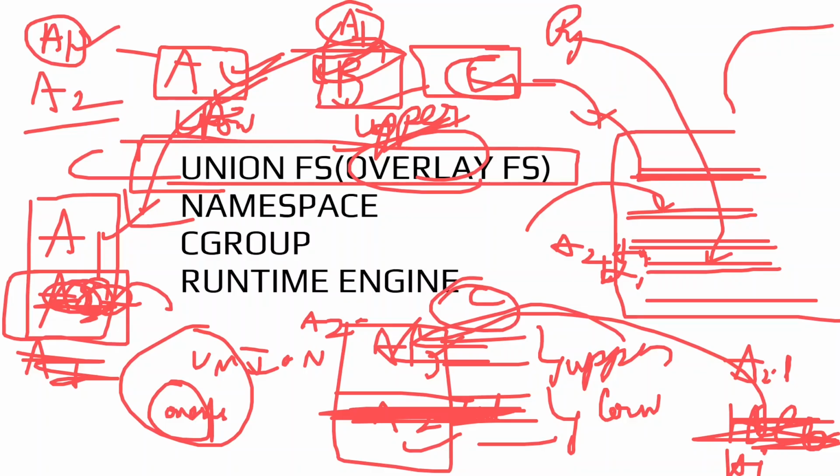If you have the same file in both the lower and the upper, then upper wins. That is, the upper file comes in. This whole idea of the upper file taking precedence over the lower file is called copy on write behavior. The files in the lower are just visible.